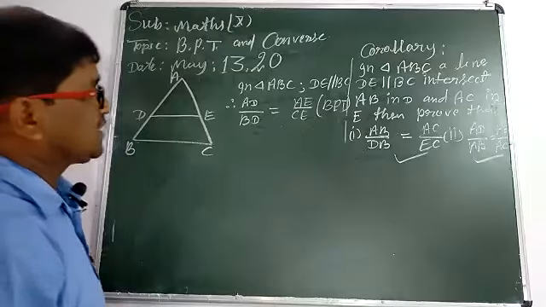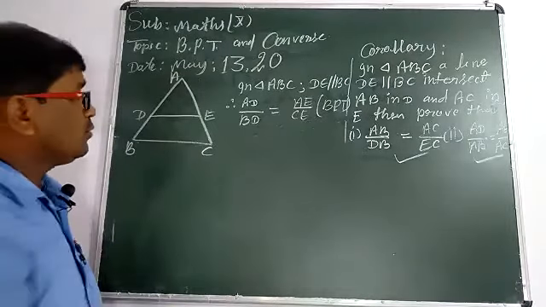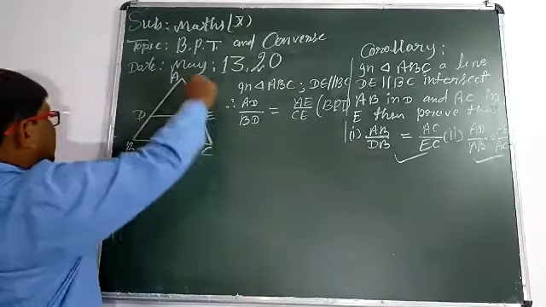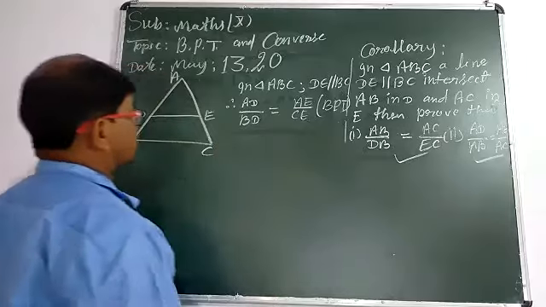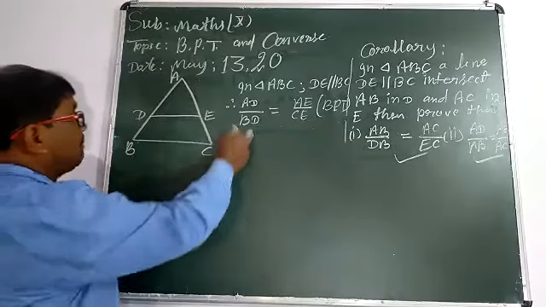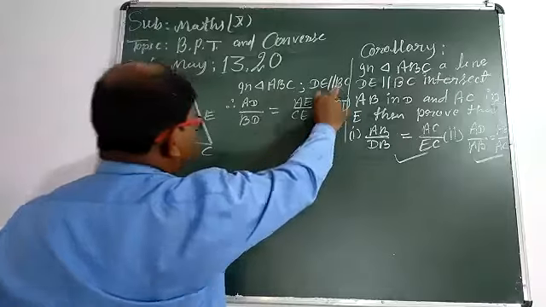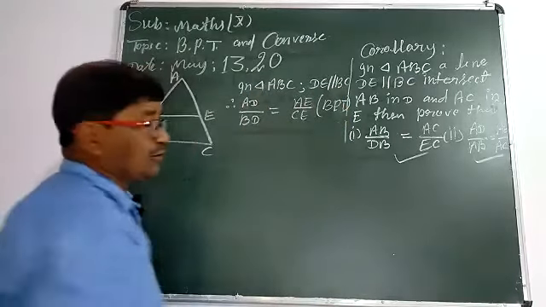Basic proportionality theorem, we have proved already. So if this type of condition is given, then we can declare this statement. We should take help from BPT. In triangle ABC, DE is parallel to BC, so that AD upon BD equals AE upon CE.